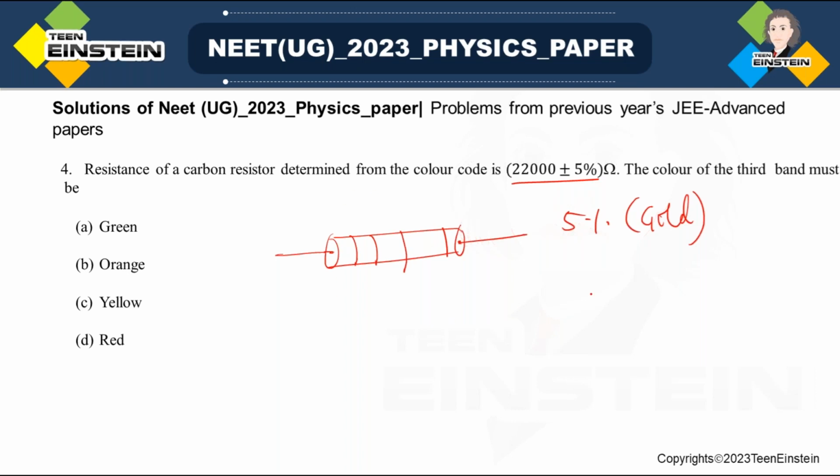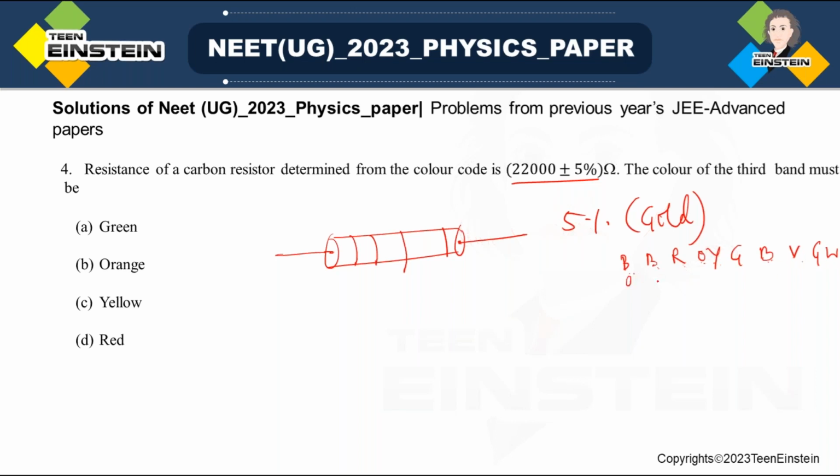Here, if you remember this rhyme, BB Roy goes to Bombay via gateway. Okay, 1, 2, 3, 4, 5, 6, 7, 8, 9, 10.